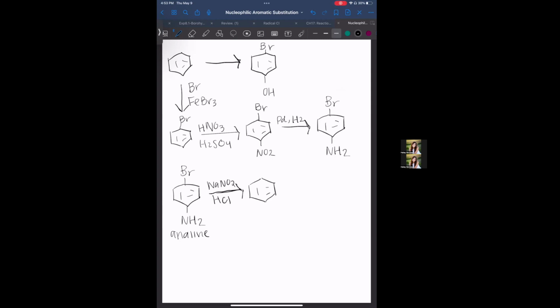So now we have our bromine, and then we have our N triple bonded to our N. This is going to be our diazonium salt. And now we can finish our Sandmeyer reaction with H3O plus and convert this N triple bonded N into an OH. And we still have our Br right here.